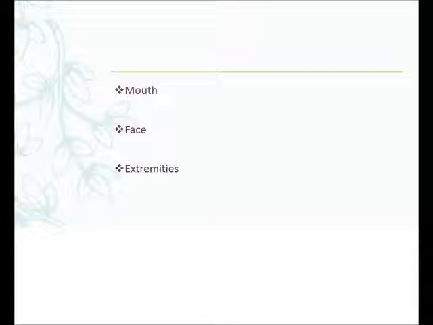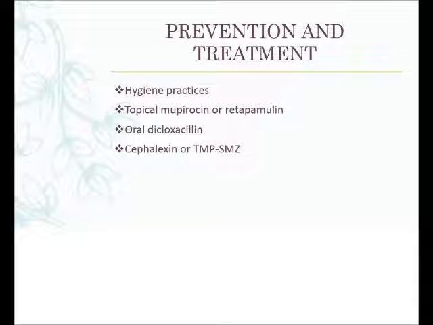These are most often found around the mouth, face, and extremities, though they can occur anywhere on the skin. Prevention could be proper hygiene. Treatment includes antibiotics such as topical mupirocin or retapamulin, oral dicloxacillin, and cephalexin.